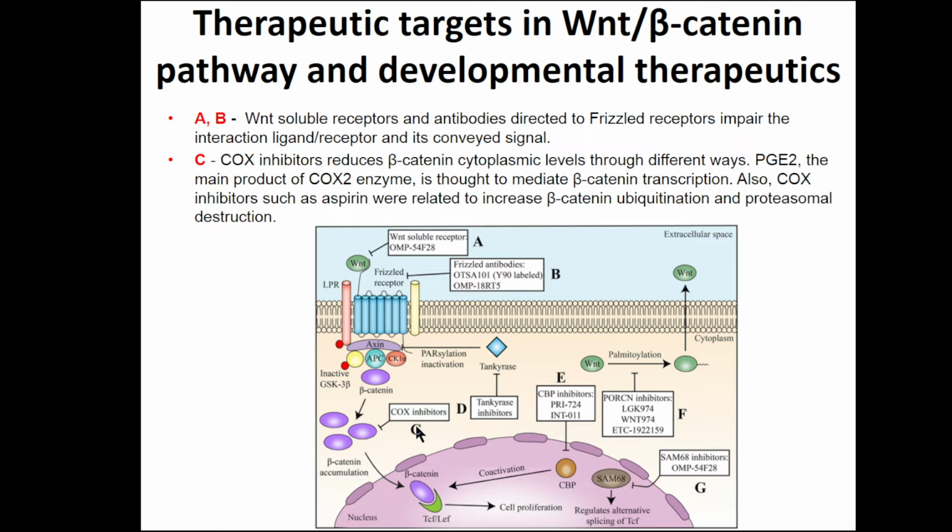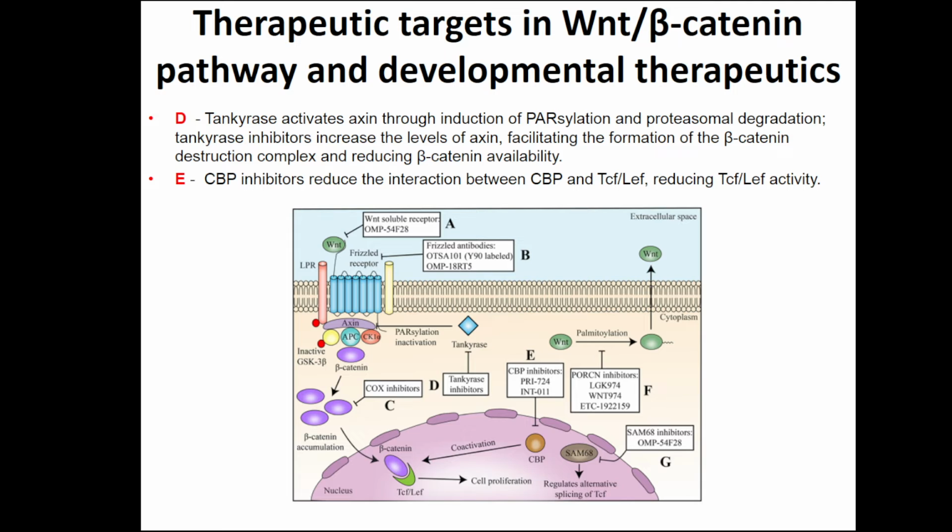C, COX inhibition, and our beta-catenin was dephosphorylated and made a separate shape and can come to the nucleus, but this type of drug, COX inhibitors, will not let catenin come inside the nucleus.